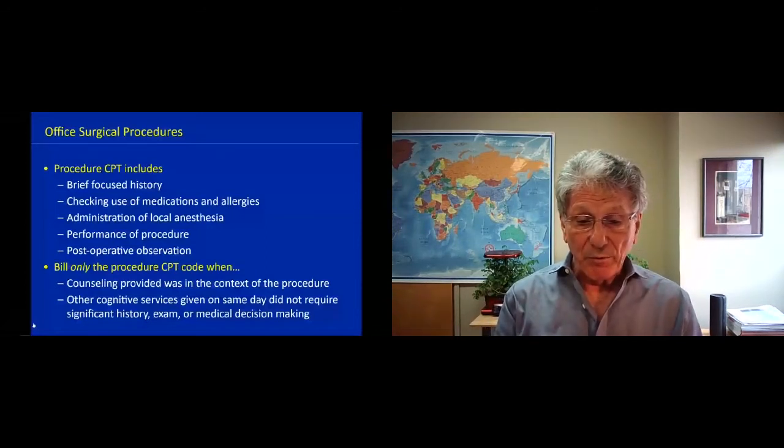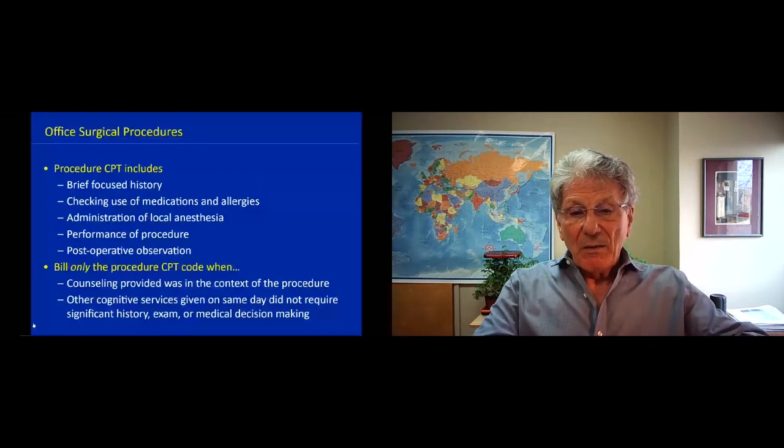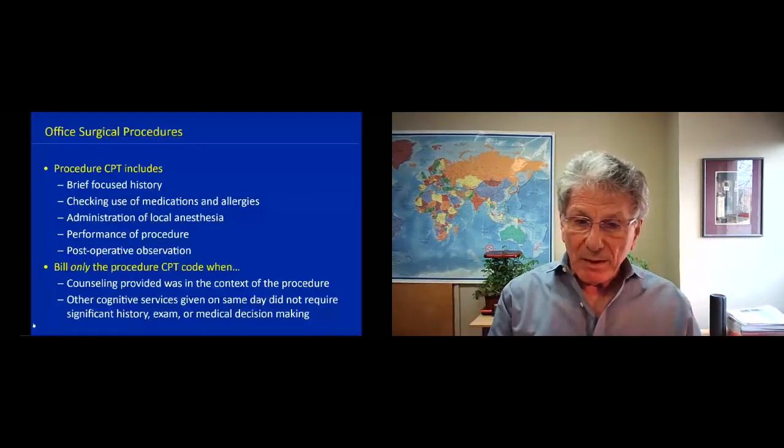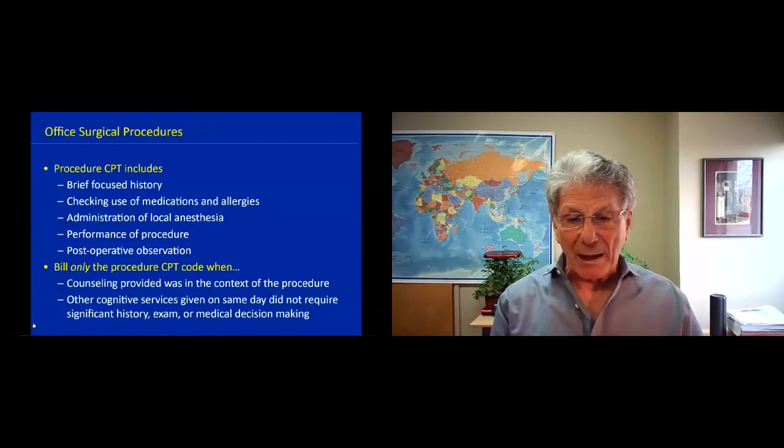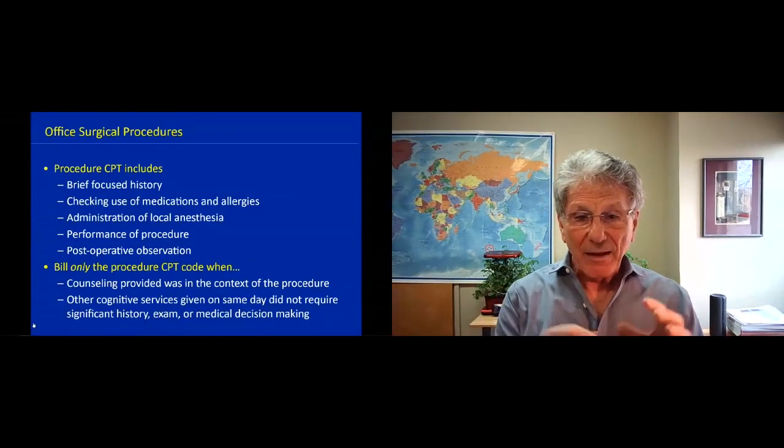It wasn't in this case. Performing the procedure, which was her IUD insertion, and then watching her for 5 or 10 minutes afterwards. All of those are included in the CPT code for the IUD insertion. None of them can be split out. Okay, so that's her procedure. Next slide.